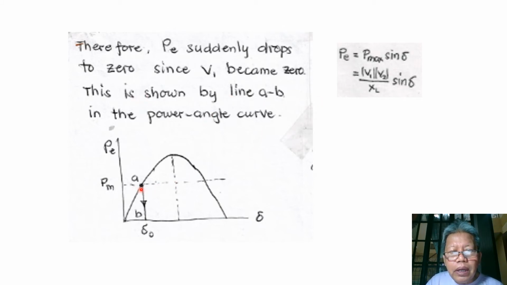So from A, when the terminals of our generator are short-circuited, such that V1 becomes 0, the electrical power is equal to 0. So the electrical power suddenly drops from A to point B, while the mechanical power is maintained constant at this particular instant.